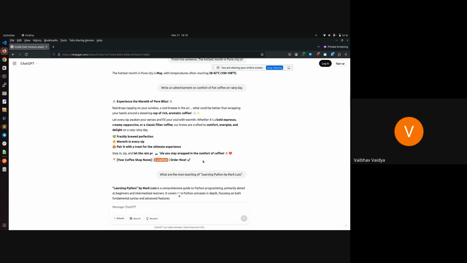So you can take this as a template and improve on it. Typically what we get is emojis, some kind of colorful screens. ChatGPT cannot do that much. It cannot set a background and all, but it has tried to improvise as much as possible.